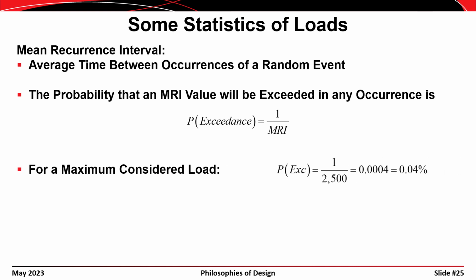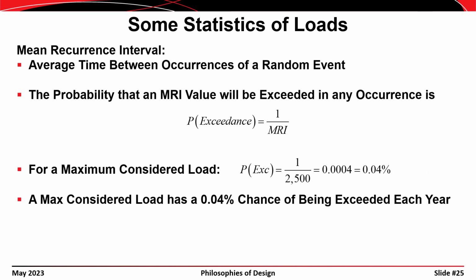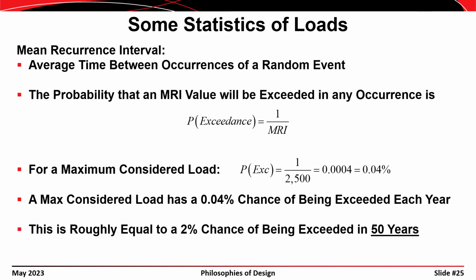On the other hand, if we're talking about a maximum considered load, then the probability that that's going to be exceeded is going to be 1 over 2,500 or 0.0004 or 0.04%. That means that the maximum considered load has a 0.04% chance of being exceeded each year. Or another way of looking at that is that this is roughly a 2% chance of being exceeded in 50 years.